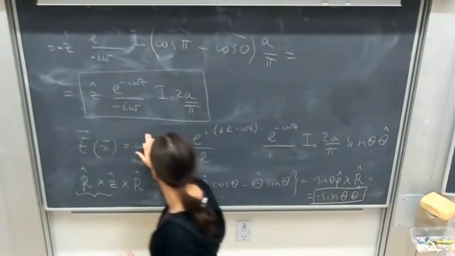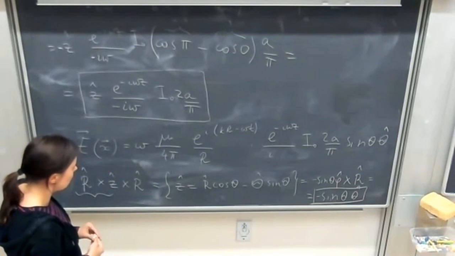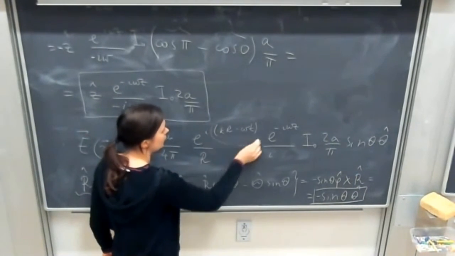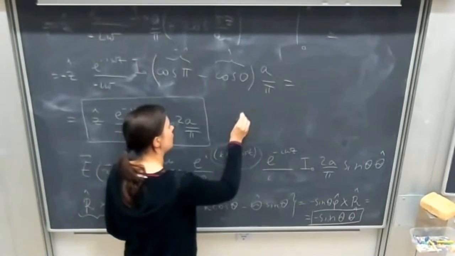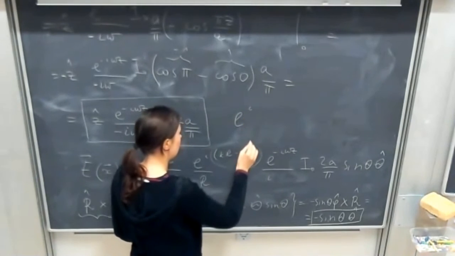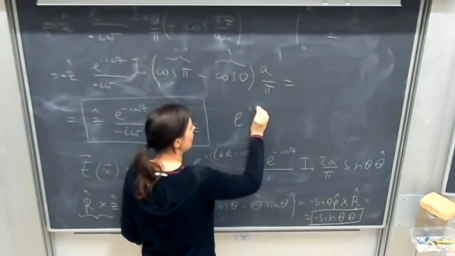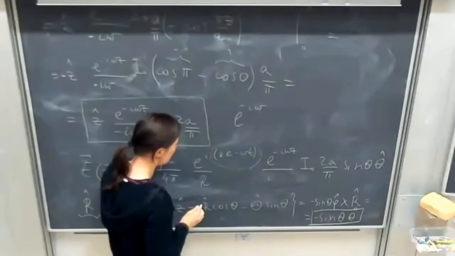So omega and omega. First of all, taking a look at this part. If we take omega out, we have here only t and then with a minus.